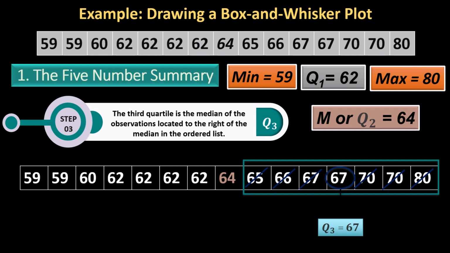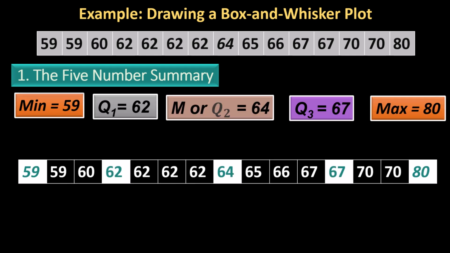If you cannot remember how to find the Q1, Q2, Q3, please go back to my previous video and understand this process. Now we have minimum, Q1, Q2, Q3, maximum. That means we know the 5-number summary already.